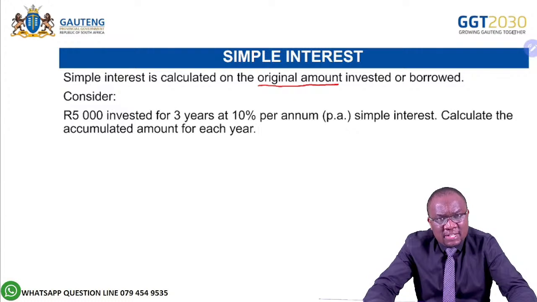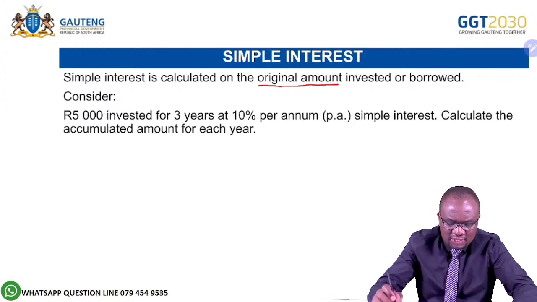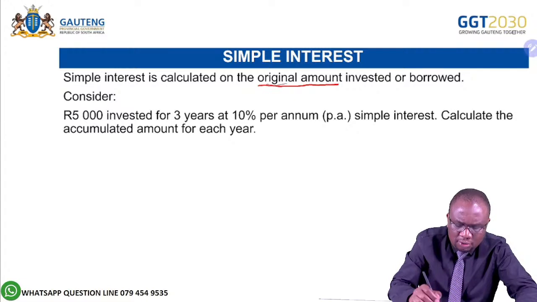If I invest 10,000 and I'm earning interest on that 10,000, even if my investment grows to 20,000, I'll still be getting interest from that 10,000 that I invested. So the interest here will never change. It's always calculated on the original amount.